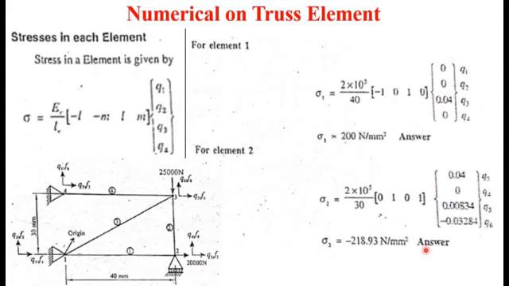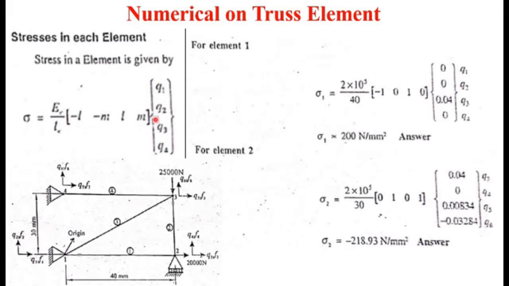After this, next we have to calculate the stresses in each element. This is the generalized equation for the stress in an element of the truss. Stress in an element is given by sigma equals E divided by L into the bracket minus L, minus M, L, M into Q1, Q2, Q3 and Q4.